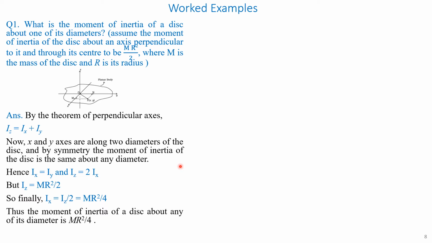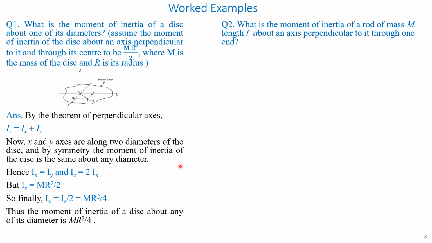Next question. What is the moment of inertia of a rod of mass m, length L about an axis perpendicular to it through one end? Please read the question once again.